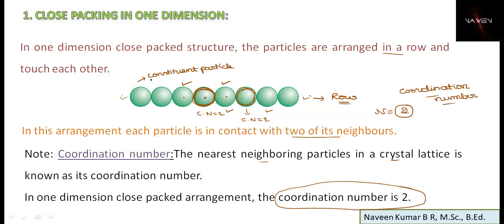How they are placed gives the characteristics of the two-dimensional arrangement. Based on the placing of the next layers, we have two types of two-dimensional arrangements possible for a solid. One is square close packing and another one is hexagonal close packing, which we'll learn in the next information.